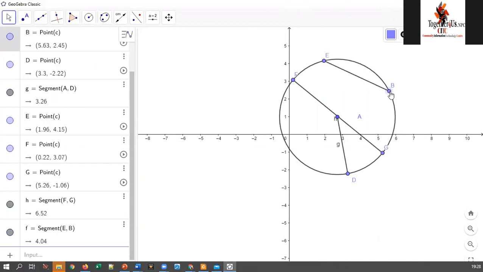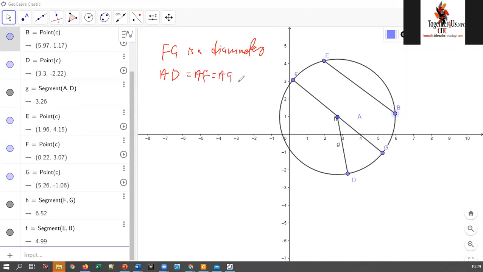Now, let's have the names. I'm going to write down the names now. So far we know FG is a diameter. We know that AD as well as AF, actually they are equal, and AG, these are radii.